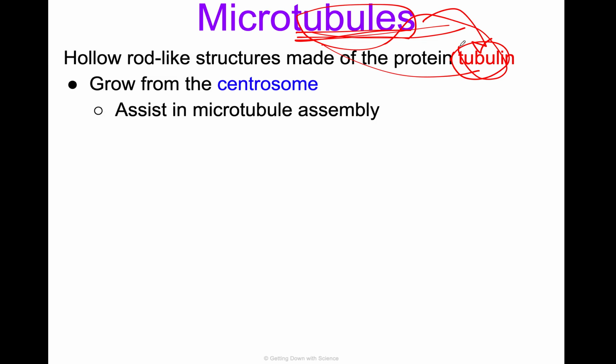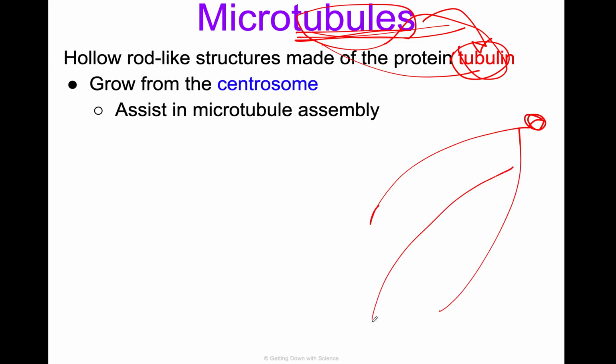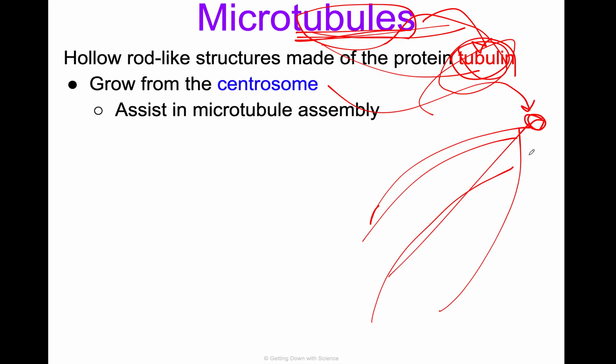It assists in microtubule assembly. So you have this thing to anchor off, and the microtubules made of tubulin branch off of it. This is the centrosome, the thing that they anchor off of.